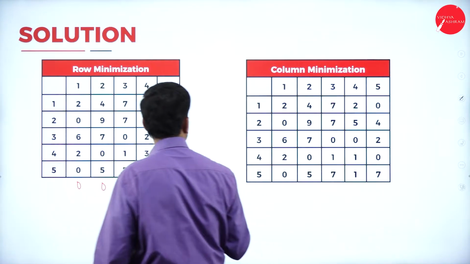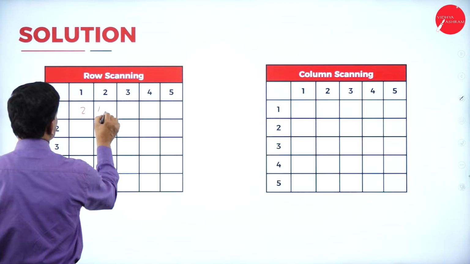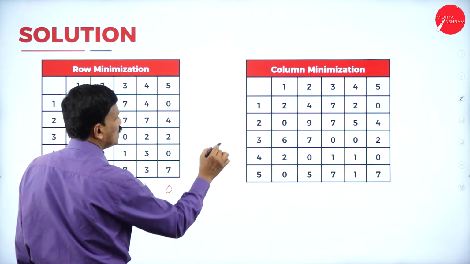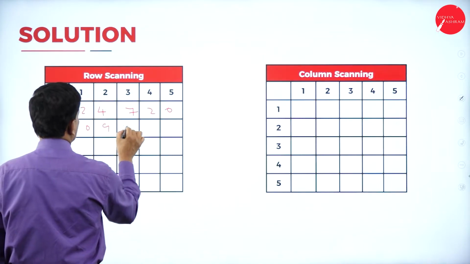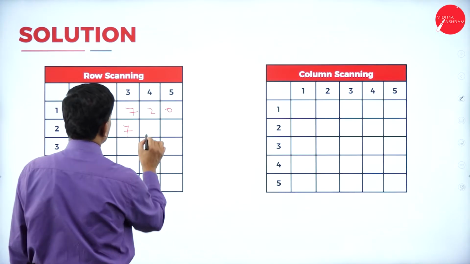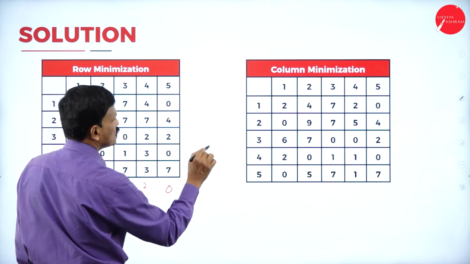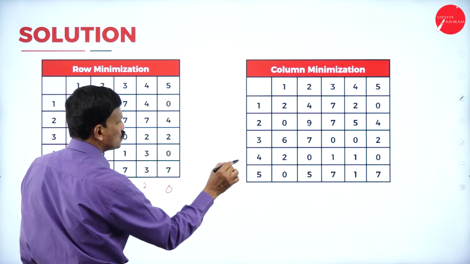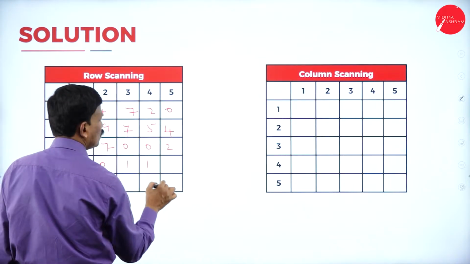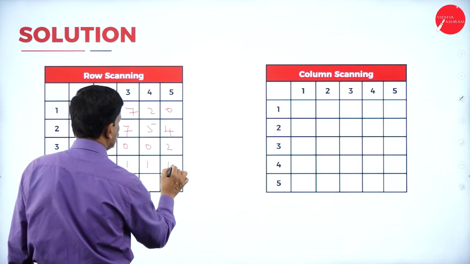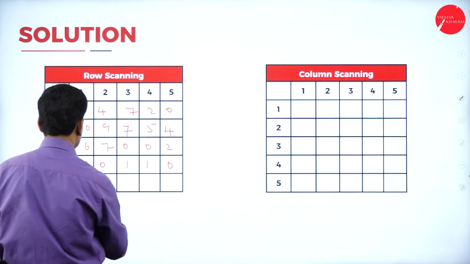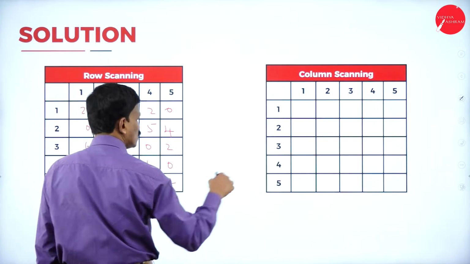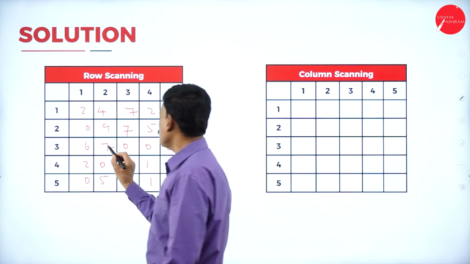So, this is 2, 4, 7, 2, 0, 7, 2, 0, again 0, 9, 7, 0, 9, 7, 5, 4, then 6, 7, 0, 0, 2, next 2, 0, 1, 1, 0, and next is 0, 5, 7, 1, 7. So, these are the values from the previous step.